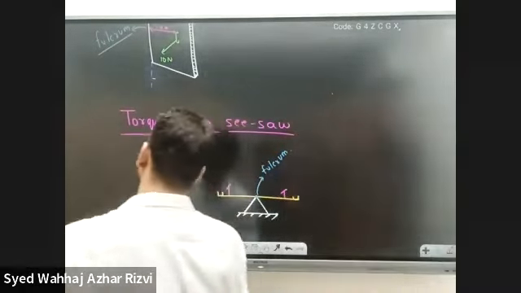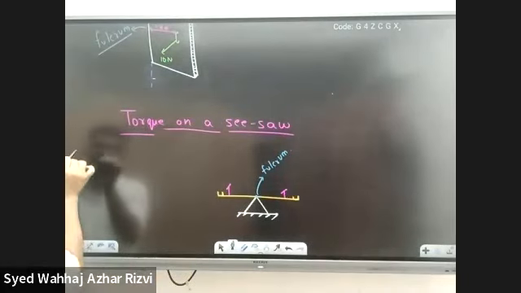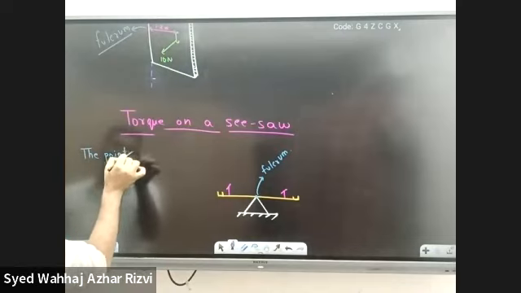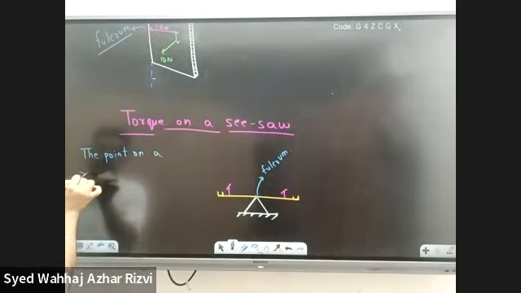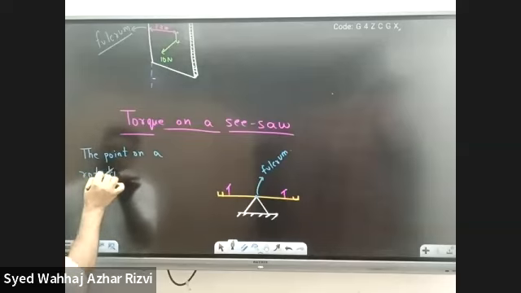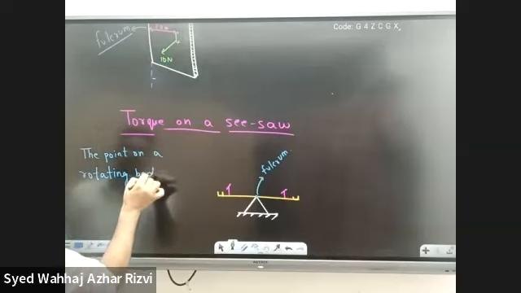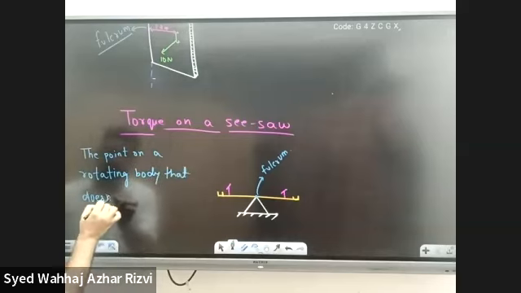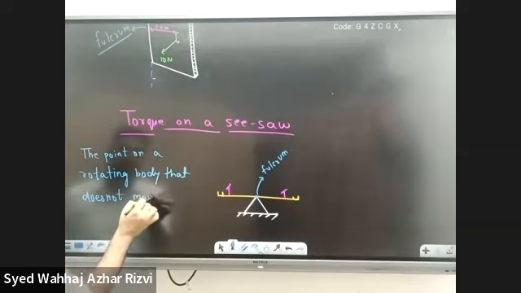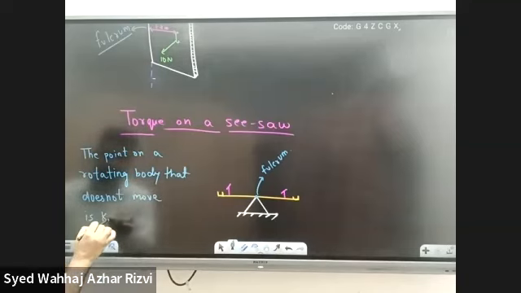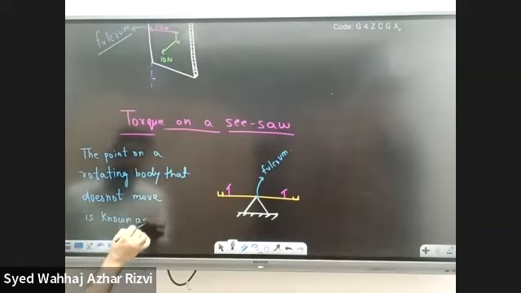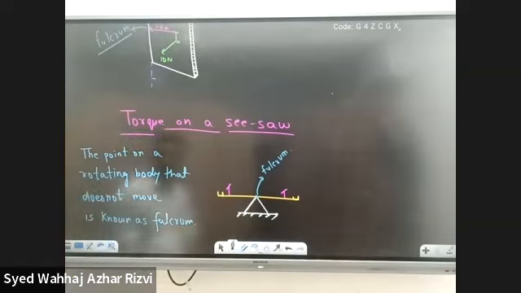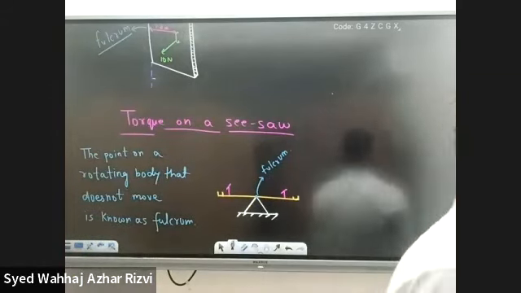What is a fulcrum? The point on a rotating body that does not move is known as the fulcrum.